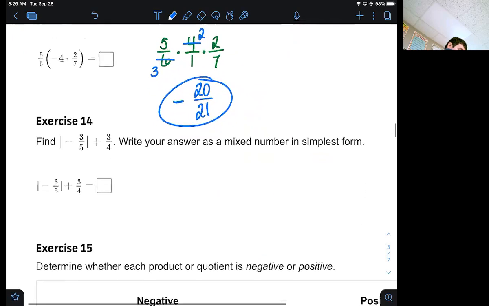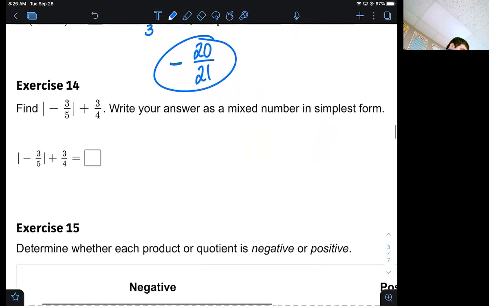Number 14. Ooh, interesting. Find the absolute value of -3/5 plus 3/4. Now, absolute value, what does that do again? What's absolute value do, Georgia? It's exactly what it does.